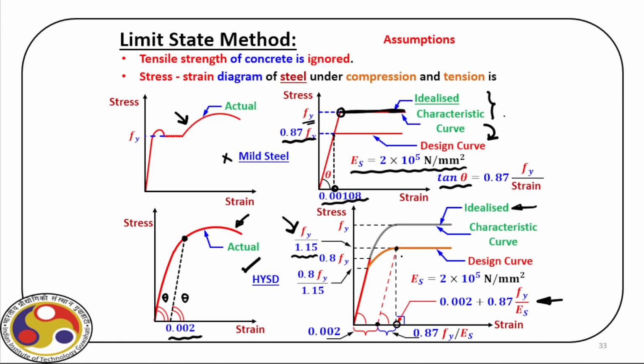In our design, when we'll consider this HYSD bar, you'll see we'll use this idealized design curve for stress strain of this HYSD bar, and then using this we will find out the moment of resistance of a particular section. The point to be noted here, this value of strain. So this is the strain in steel.